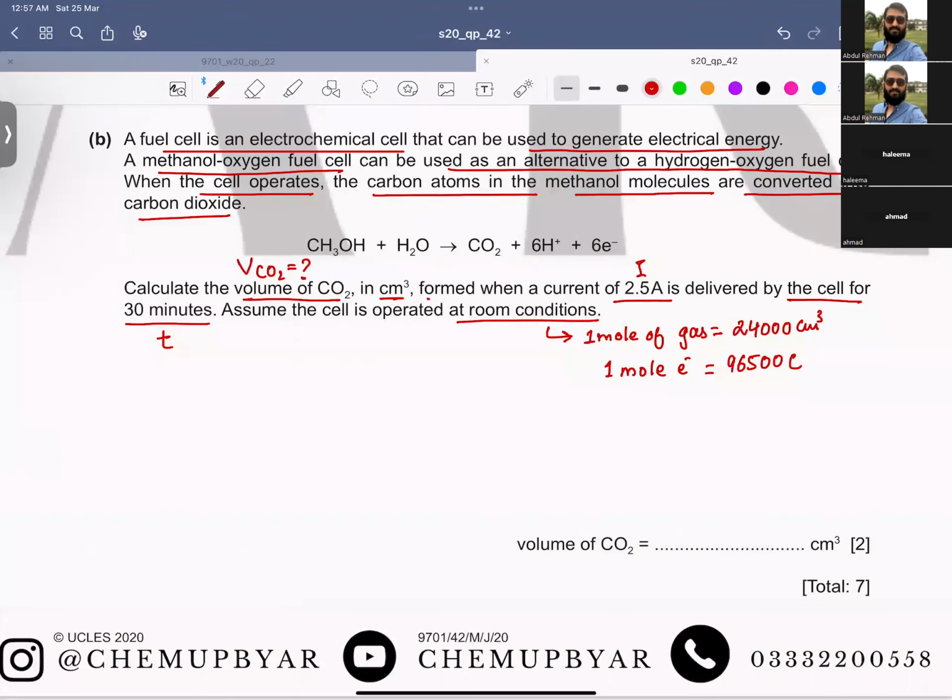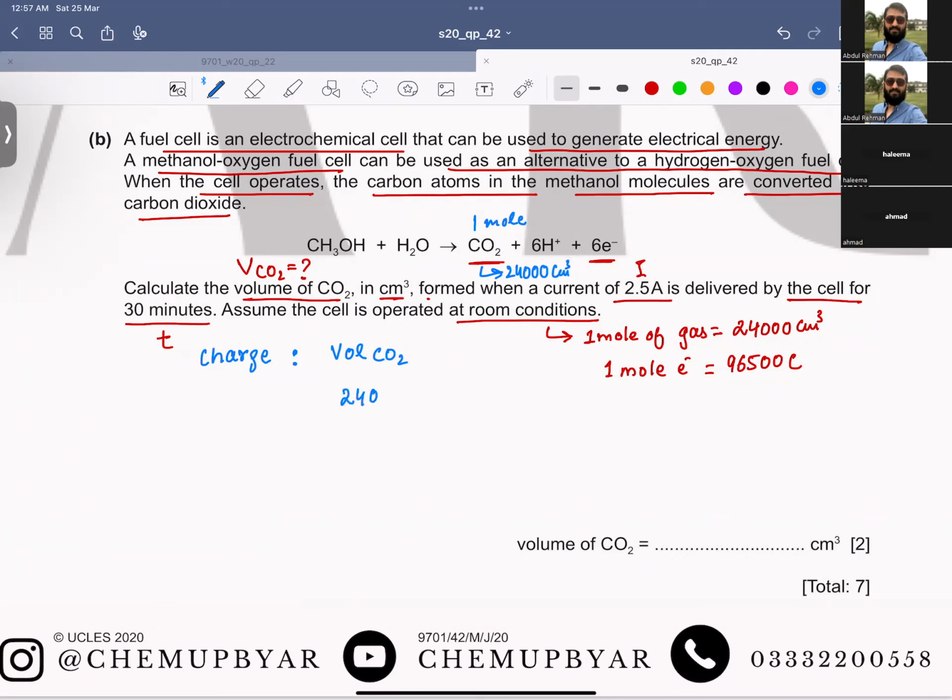so if we look into this equation, we have 6 moles of electrons and 1 mole of carbon dioxide. So I can make the ratio between the charge and the volume of carbon dioxide. According to the equation, I am getting 1 mole of carbon dioxide, which means 24,000 centimeter cube of carbon dioxide is forming.